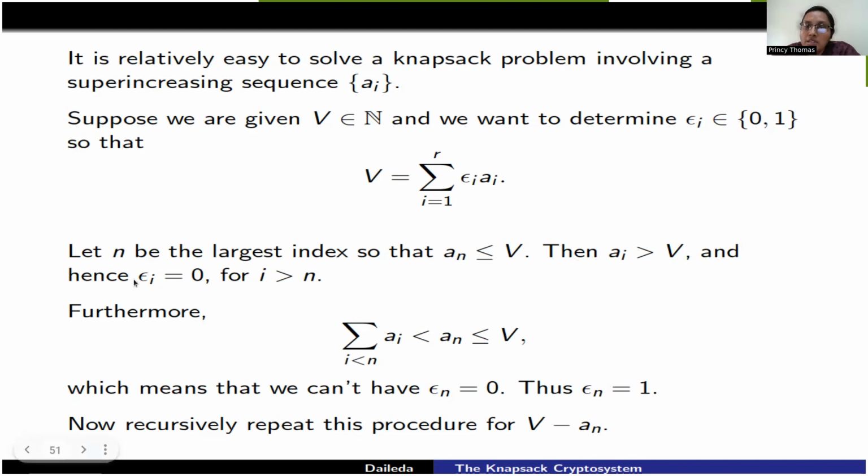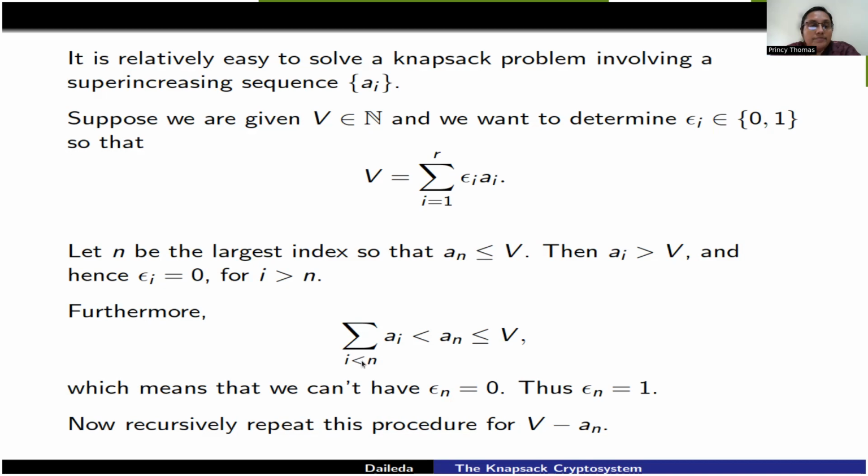That epsilon can only be 0 because it cannot be put into the bag. The bag is too small for that particular item. So for all values of I which are greater than N, the assumption is that AI is greater than V. And for all values of I which are less than or equal to N, the assumption is that it will be below or equal to the volume V.